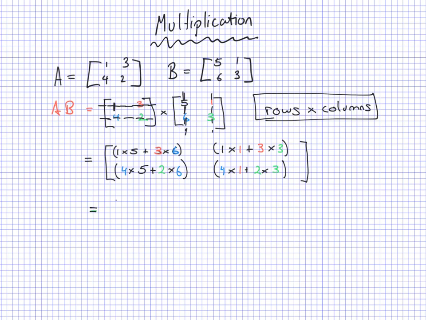All right, so now the next step is to simplify all of these things. So your first one is 1 by 5 is 5, 3 by 6 is 18, 5 and 18 make 23. I'm putting the brackets there just to keep it very clear in our mind that these are distinct elements in the matrix. Top right, 1 by 1 is 1, 3 by 3 is 9, so that's 10. 4 by 5 is 20, 2 by 6 is 12, so that's 32. And 4 by 1 is 4, and 2 by 3 is 6, so that's 10 also.